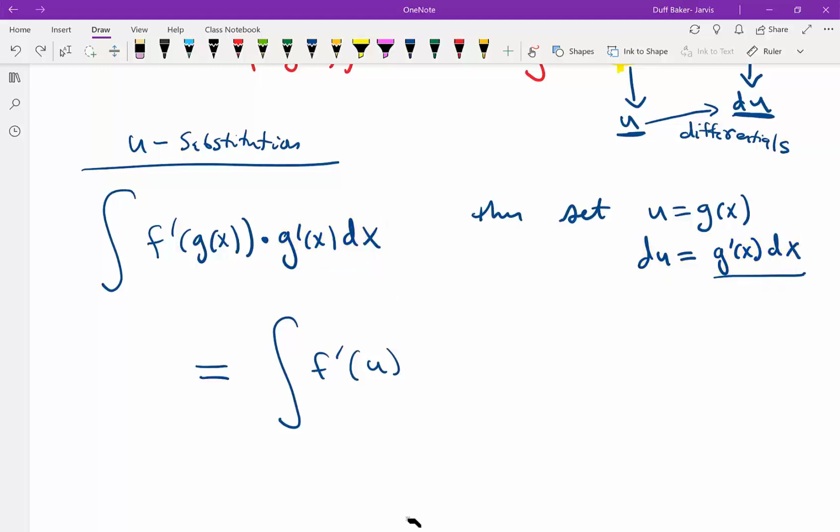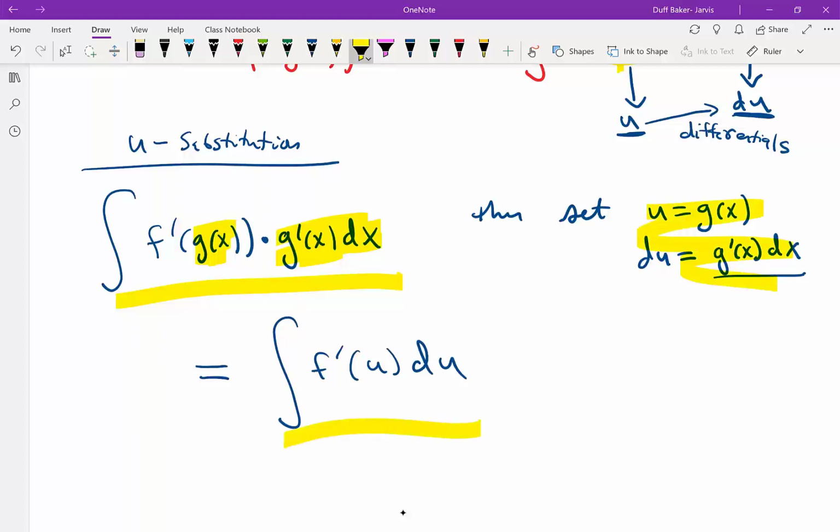So let's get rid of all this. This is the formula, basically: if you have an integral you're trying to find an antiderivative for, and you can find a pattern where you can find a g of x and then a g prime of x dx, then you can make this substitution to get a simpler integral, and hopefully you can do the simpler integral.